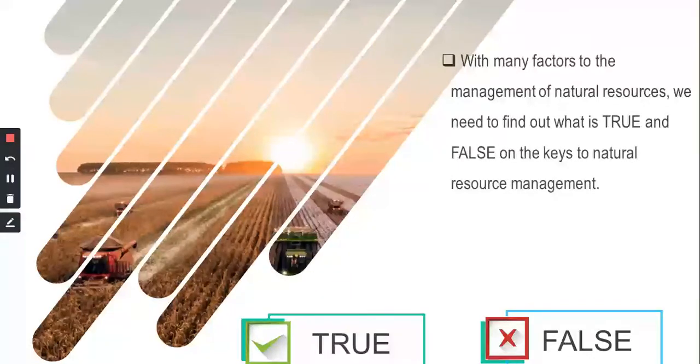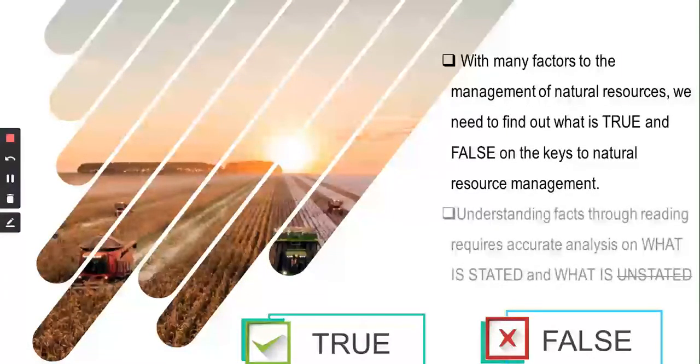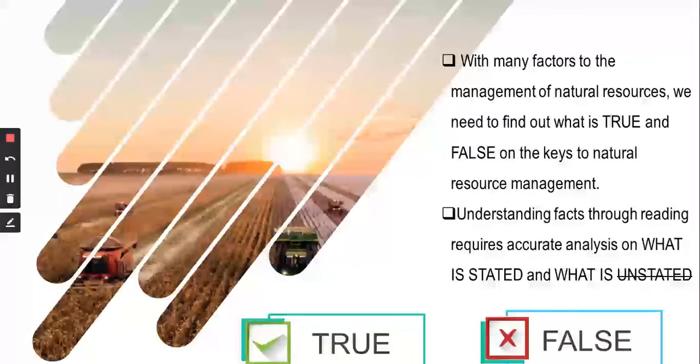So, in reading, itu ada banyak sekali detail yang perlu kita pertimbangkan. Dan dalam reading yang berkaitan dengan natural resource management, we need to find out what is true and false on the keys to natural resource management. Jadi kita perlu benar-benar memahami apa sih yang benar dan salah berkaitan dengan manajemen sumber daya alam di situ.